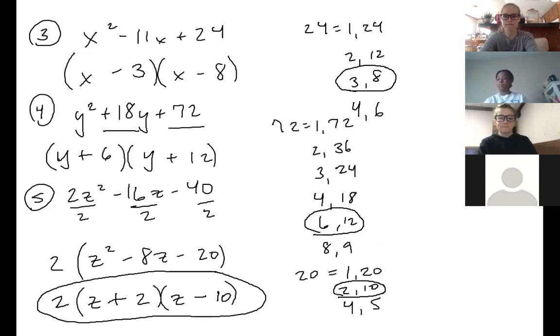Okay. Yes. All right. And then number 6, if x squared minus ax minus b factors as this, how does x squared plus ax minus b factor? All right. I think that's supposed to be, let's see here, x squared minus ax minus b.